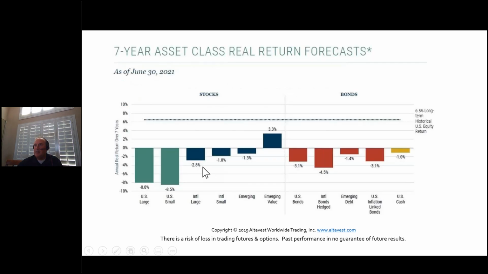He says that in the next 7 years, stocks will generate a negative 8% return for the large cap stock indexes, small cap negative 8.5%, and bonds will be negative too. Maybe he's right, maybe he's not. We don't know, but that's why we like options and what we're going to show you to help diversify.